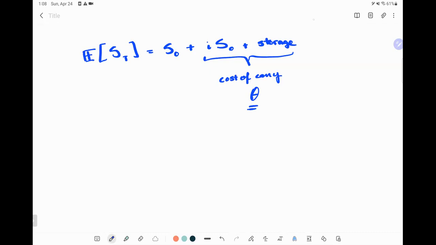a different notation as well. And then if we are assuming that we do have a risk premium, then we are going to have this risk premium. And this risk premium, many times it is represented by this symbol phi, right?